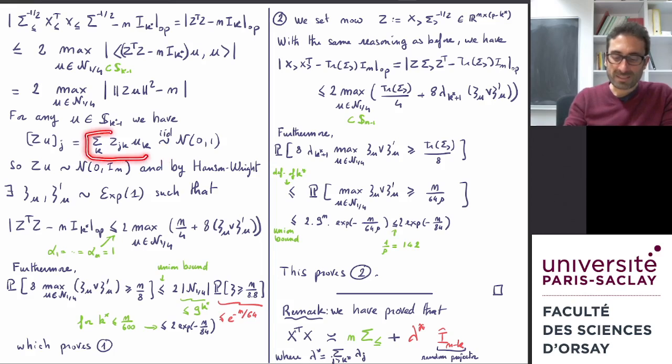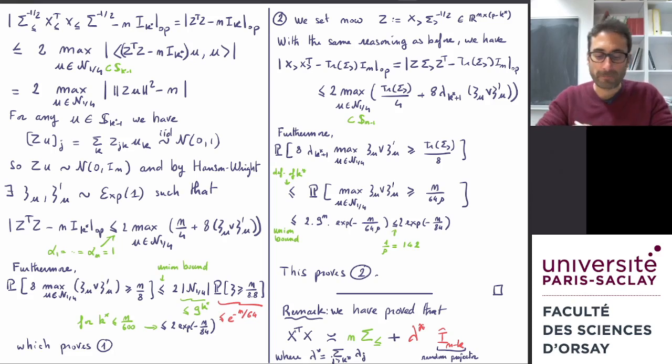Furthermore, you know that this is a Gaussian distribution with a variance which will be the square norm of u, the sum over k of u_k squared. And this is equal to 1 because u is in the sphere. So I have something which is i.i.d. N(0,1). This simply means that the vector Zu follows the Gaussian distribution with covariance identity in R^n.